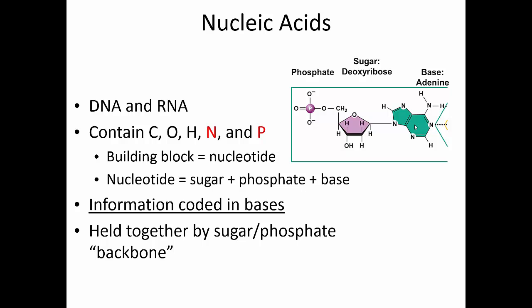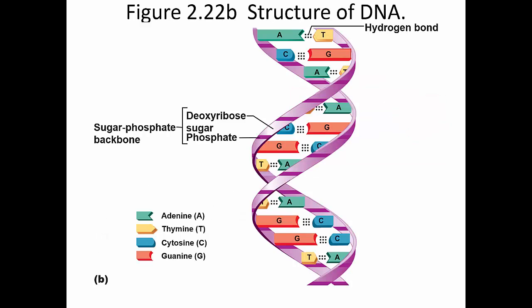And then all the bases are held in the right order by what we call a sugar-phosphate backbone. So here's DNA again. This is one nucleotide, and it's sugar, and then dark purple is the phosphate, light purple is the sugar on the next nucleotide, with its base sticking out in the middle. So you've got sugar, phosphate, sugar, phosphate, sugar, phosphate. That's your backbone.